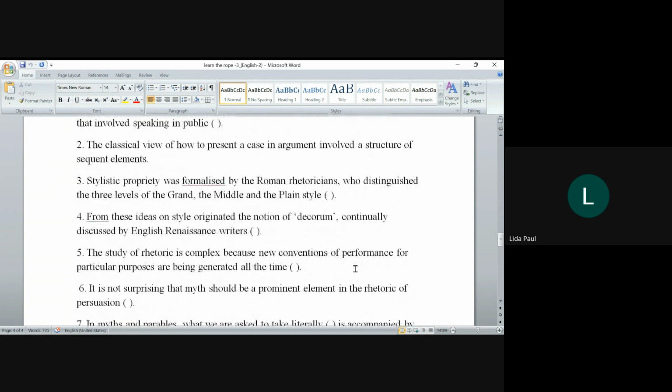From these ideas on style originated the notion of decorum, continually discussed by English Renaissance writers. Please don't look at the previous one. That there's a subordinate clause, but it's not a part of your course description, so we won't do that. Fourth one: which part of this is the subordinate clause?